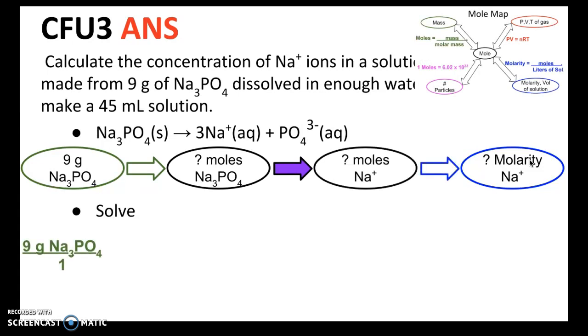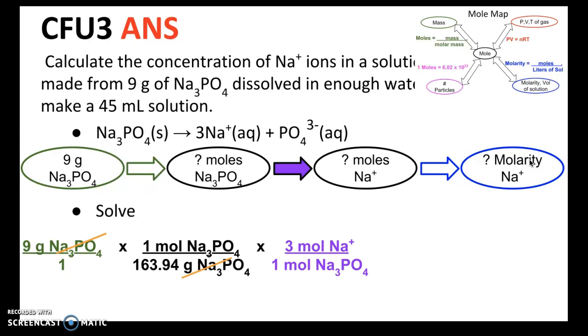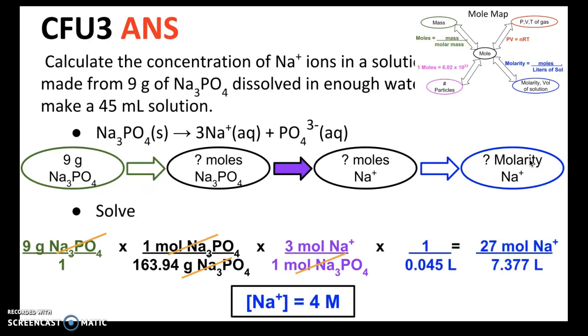Your work should look something like this if you're using dimensional analysis. And then you should get the concentration of sodium to be 4 molar. There's only one significant figure here because we're starting off with 1 sig fig.